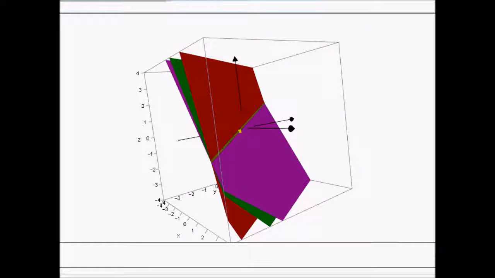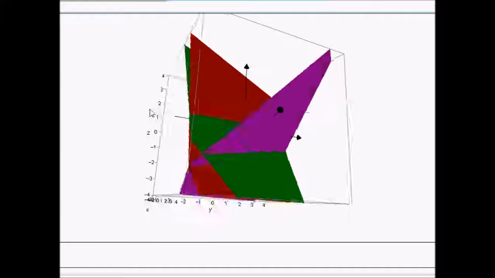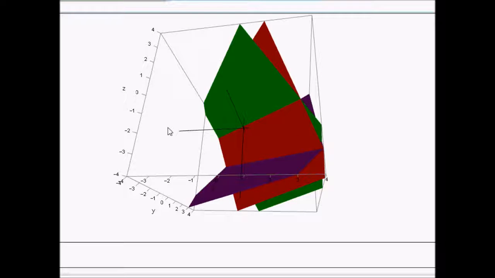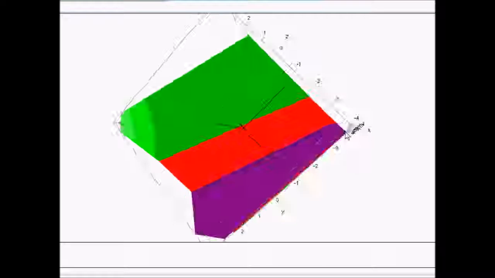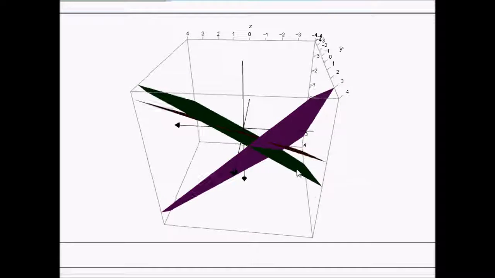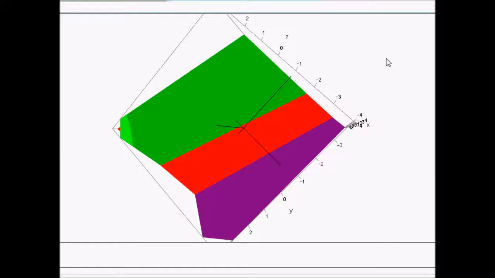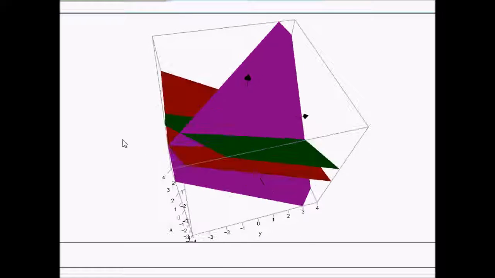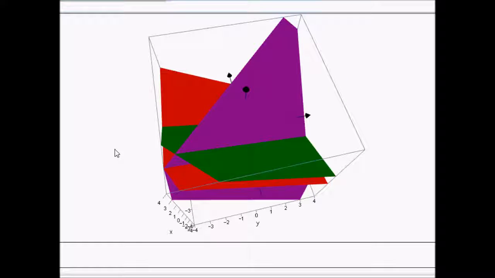If I go to this example 50, here's the three planes. You may see that they make a kind of a triangular prism. I'll just do one of the lines of intersection because I'm running out of time here.